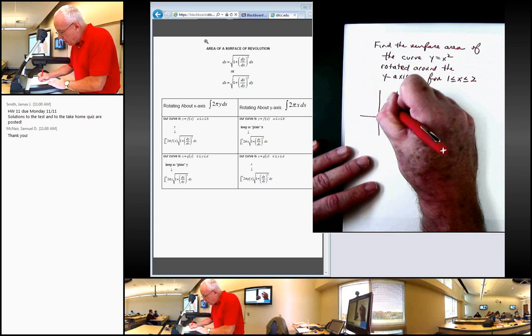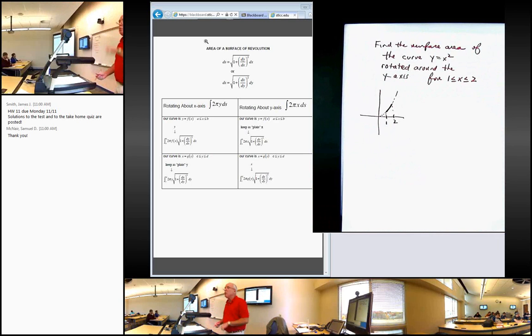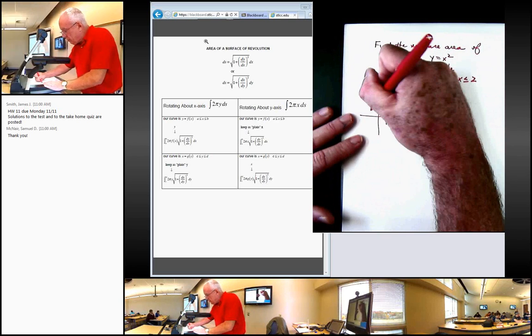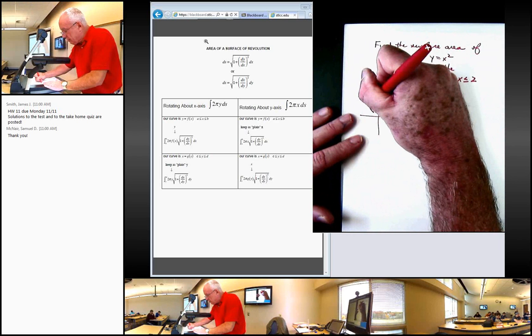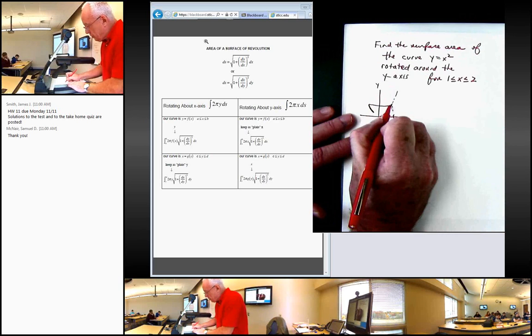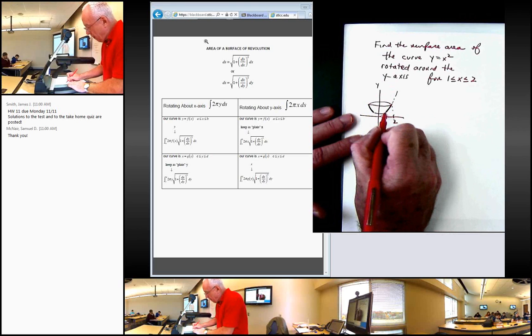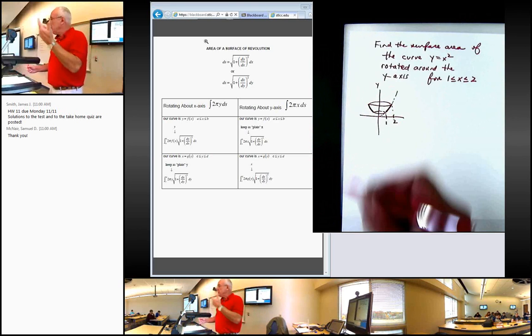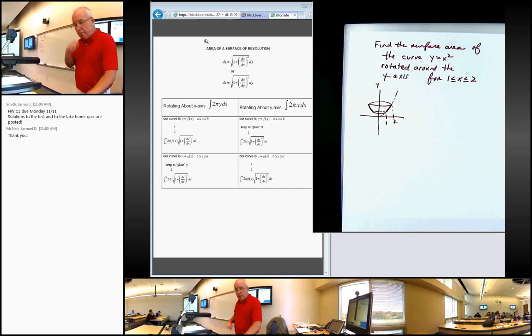So we're talking about this curve right there, rotating that around the y-axis. Over on this side we get a mirror image that looks something like that, and it's rotated around like that. The area we're computing is the surface of that shape.